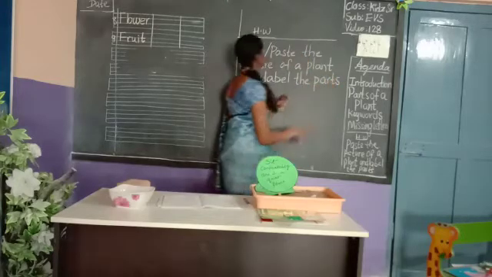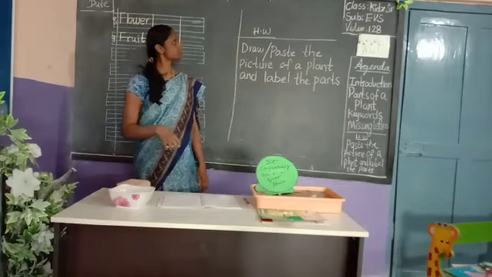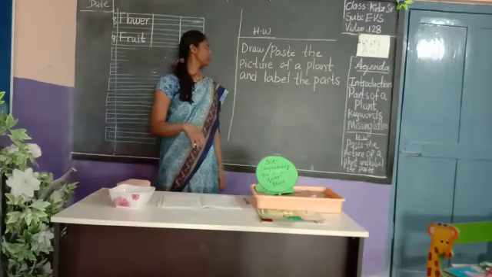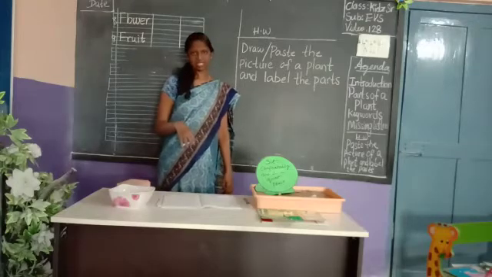Okay, children? This is the homework. You have to do it. Is it clear? You can draw or paste the picture of a plant and label the parts.